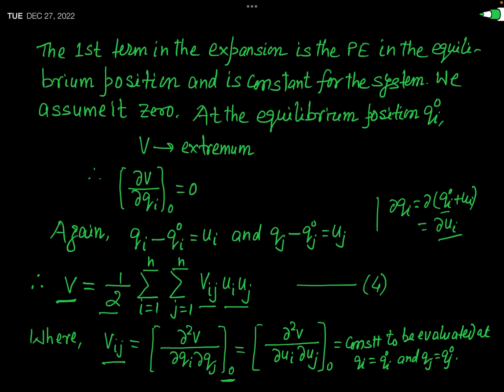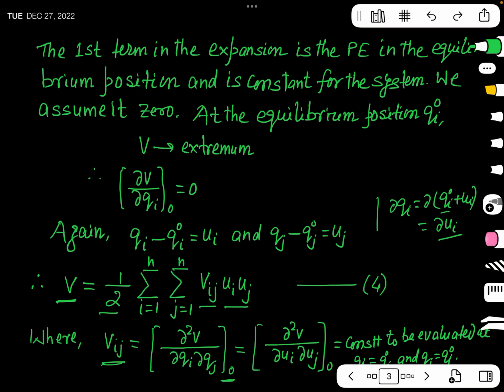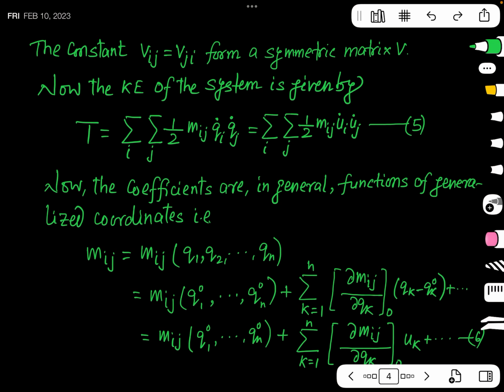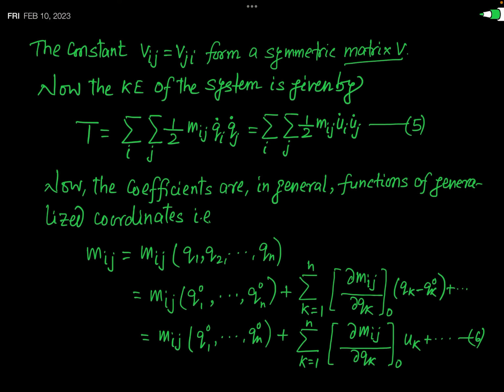So instead of this Qi and Qj, you may write Ui and Uj, and as I have told you earlier, these Ui and Uj are treated like generalized coordinates. In fact, this Vij is a symmetric matrix. You will see later on that this Vij is actually a symmetric matrix, not tensor, but symmetric matrix.